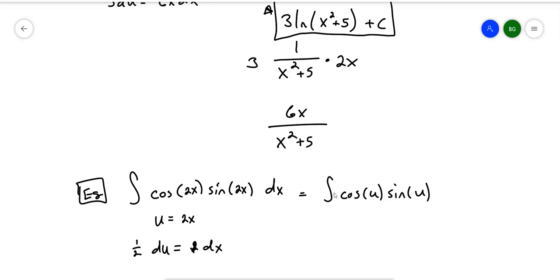And so actually I'll have 1/2 of that du. But that didn't simplify my integral. I'm still in the same position. I don't know what the antiderivative of cosine times sine is. There's nowhere that we've previously discussed how to find the antiderivative of that. So that's kind of a problem.